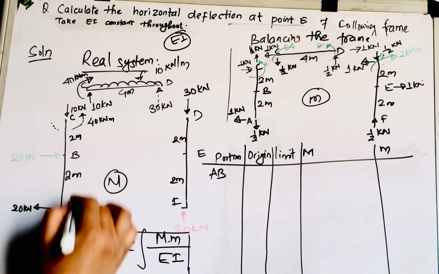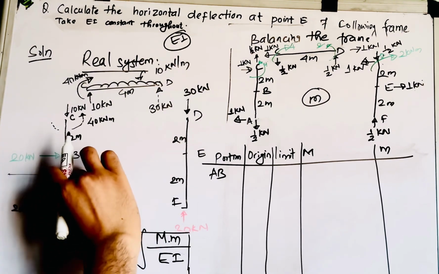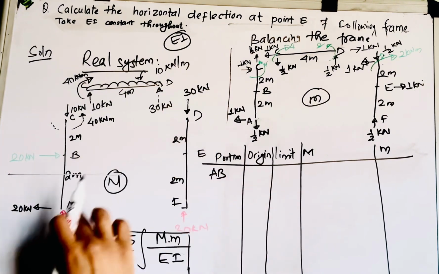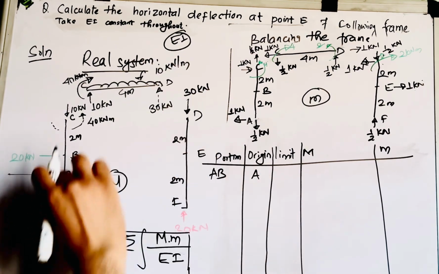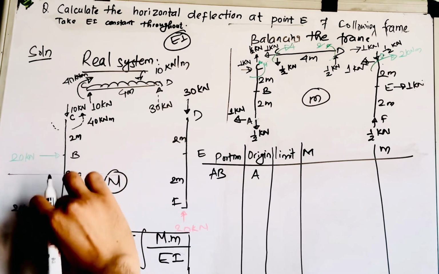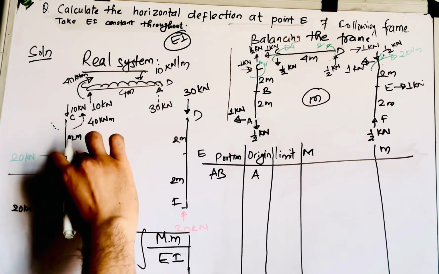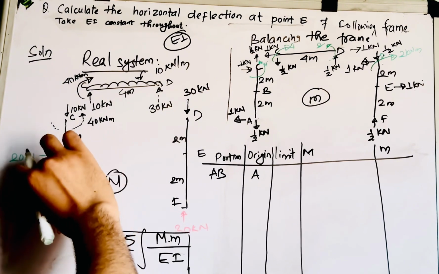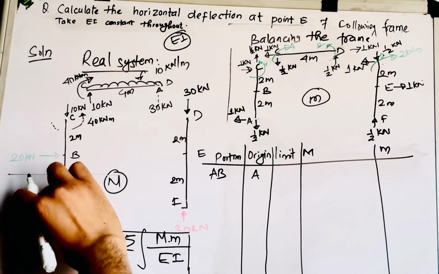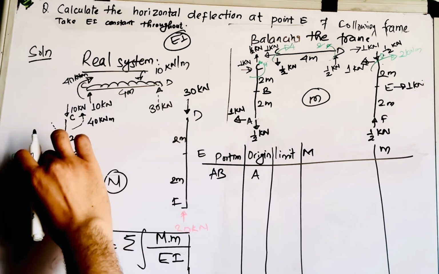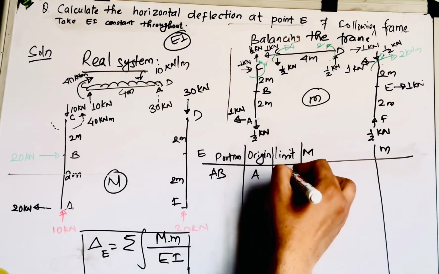If I cut the section like this, then the origin I am taking as A, and the limit of the AB section will go from x equals 0 to x equals 2 meter. If you cut this section AB and take x from origin A, then x will vary from 0 to 2. So the limit will be 0 to 2.